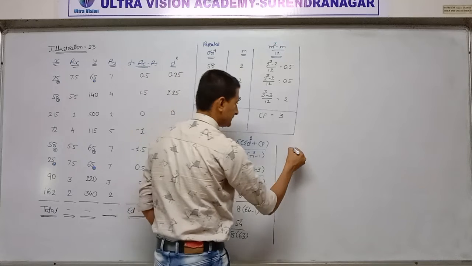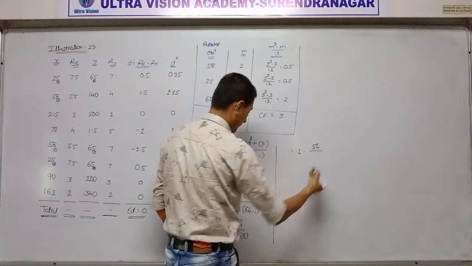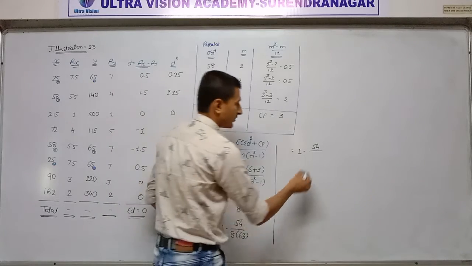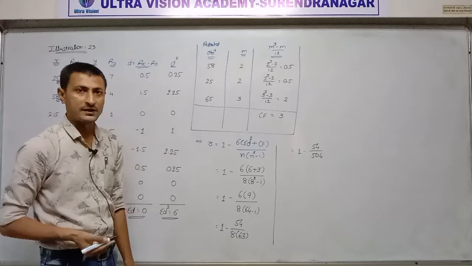Next step, 1 minus 54 divided by 504, 8 into 63 is 504.